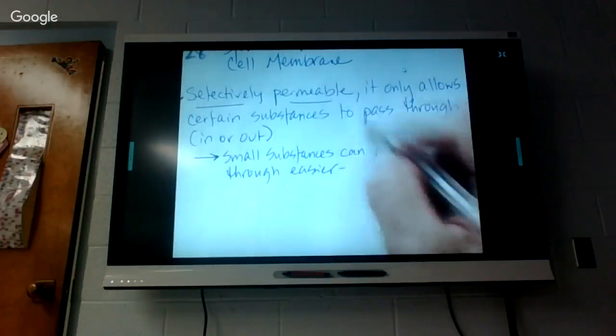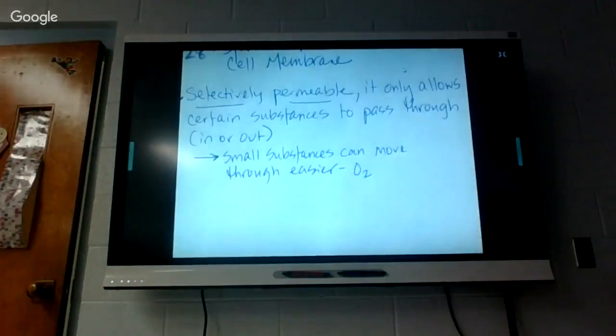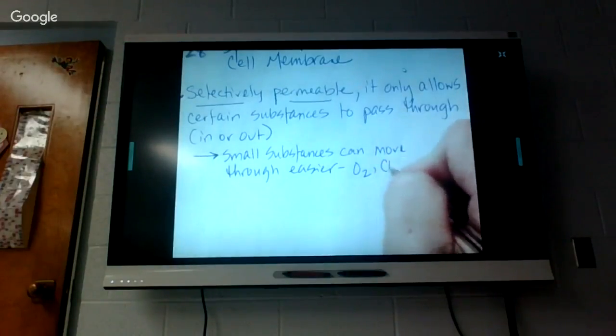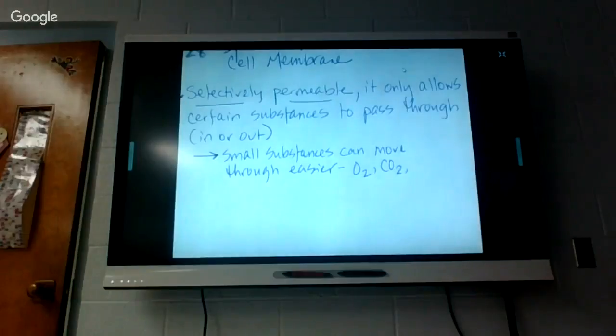So these are, for example, oxygen gas. That's what's happening right now between your bloodstream and your lungs. You take a deep breath, you fill your lungs with air, that oxygen just moves right from your lungs into your bloodstream, and your red blood cells then pick it up and take it all over your body. And then it brings the CO2 back and you let it out. So CO2 you can get rid of pretty easily.